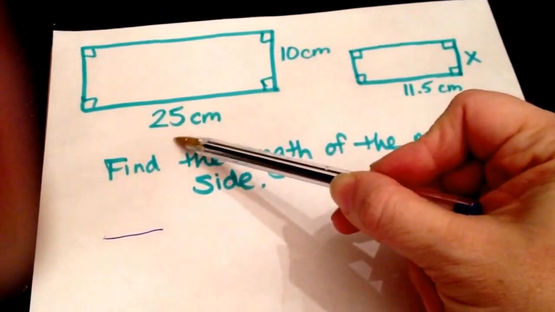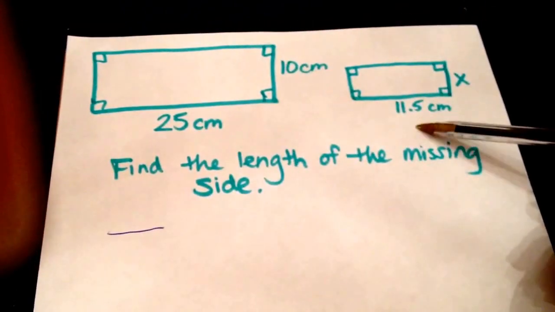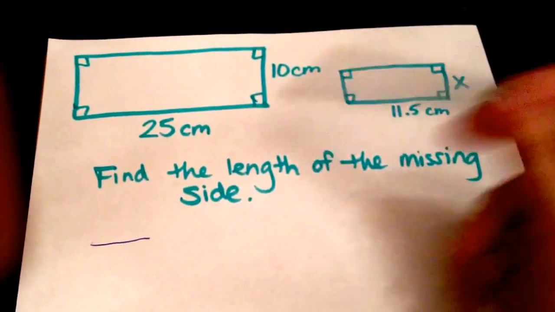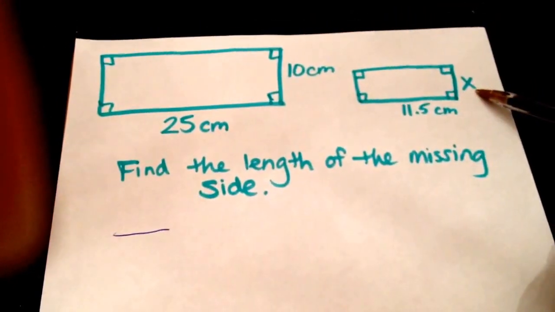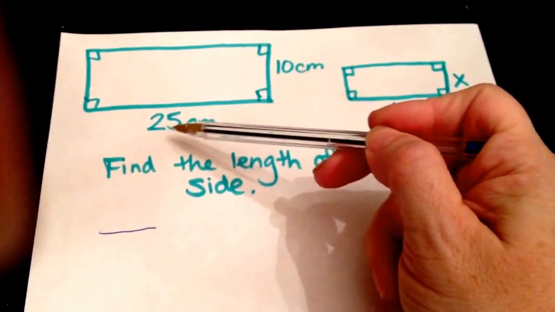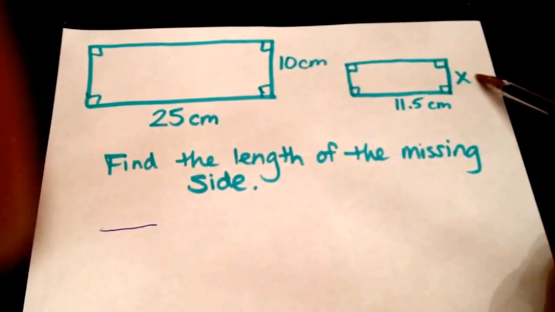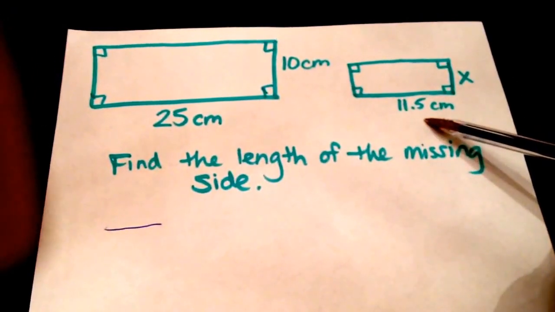So we could either compare the two sides of one rectangle with the two sides of the other rectangle. So we could do 25 over 10 equals 11.5 over x, or 10 over 25 equals x over 11.5.